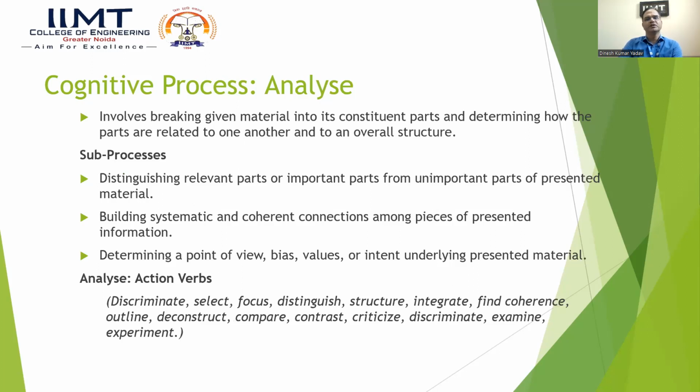Next is analyze. The analyze process involves the breaking up of given material into its constituent parts and determining how those individual parts are related to one another, and also to the overall structure. For example, take a Yagi antenna. It consists of various individual components, like a boom, a director, a dipole, and reflectors.